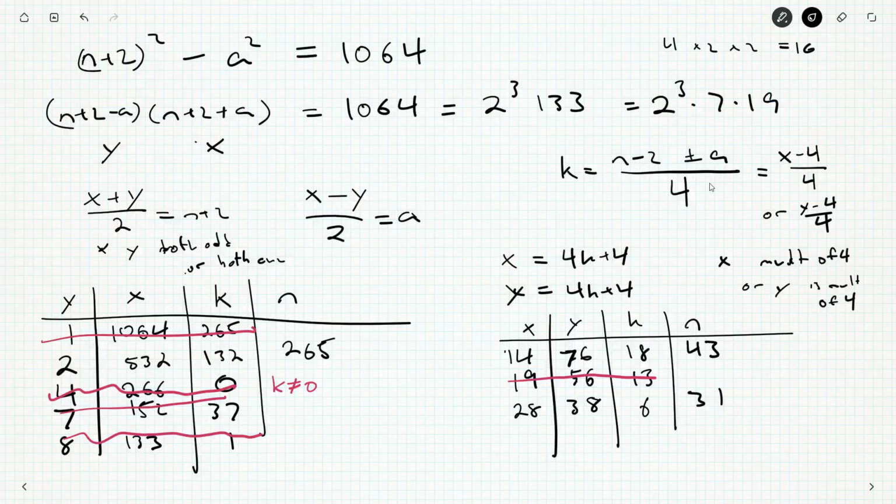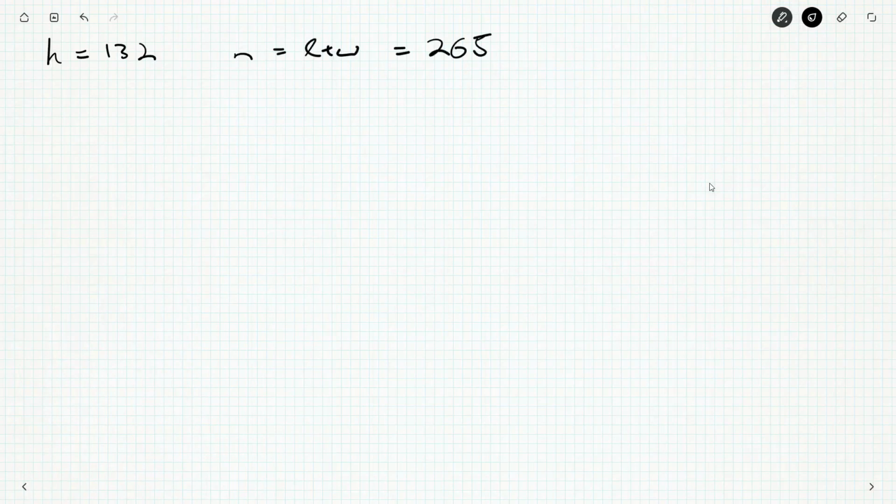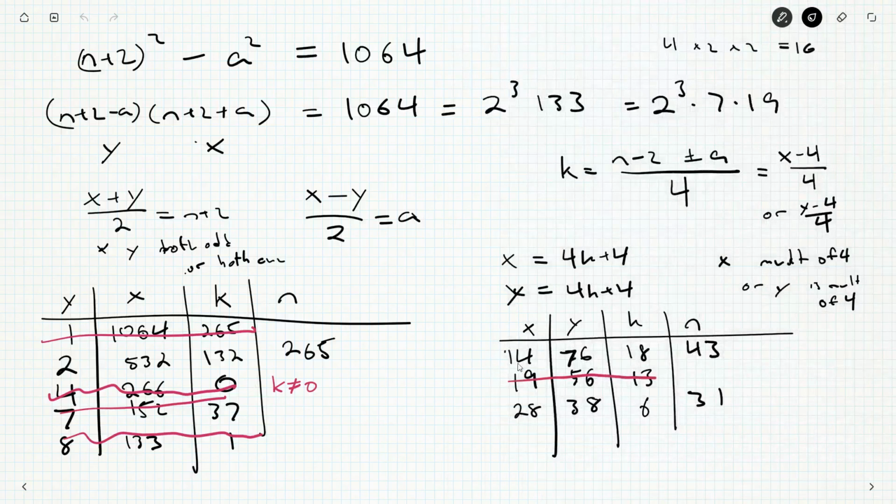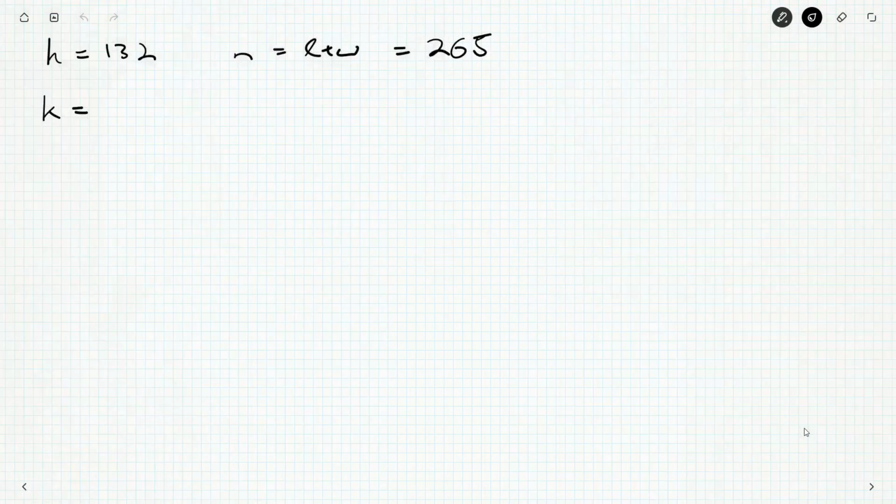Okay, let's go to the next page. So we've got K can be 132, N, which is L plus W, can be 265. We've got K can be, and now I don't remember the possibilities. K can be 18 and N can be 43. And K can be 6 and N could be 31. Alright.